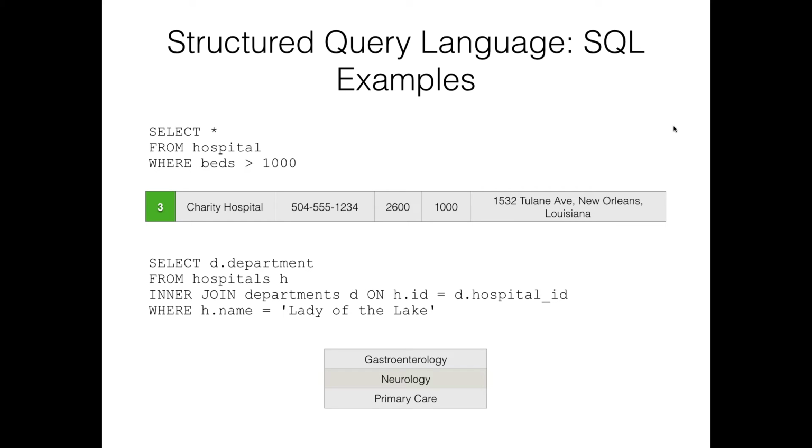We'll organically approach different types of joins in the talk, but basically we've got departments and hospitals, and we want to join them when the hospital ID equals the department ID. And then we also want to filter where the hospital's name is Lady of the Lake. So this is just a quick overview. We're going to get more into this in the lab. But basically just be aware that this ability exists.